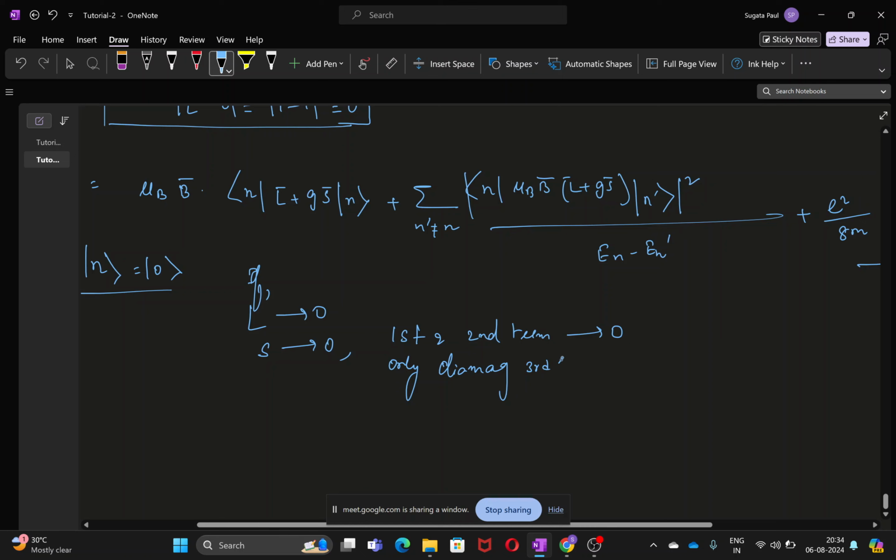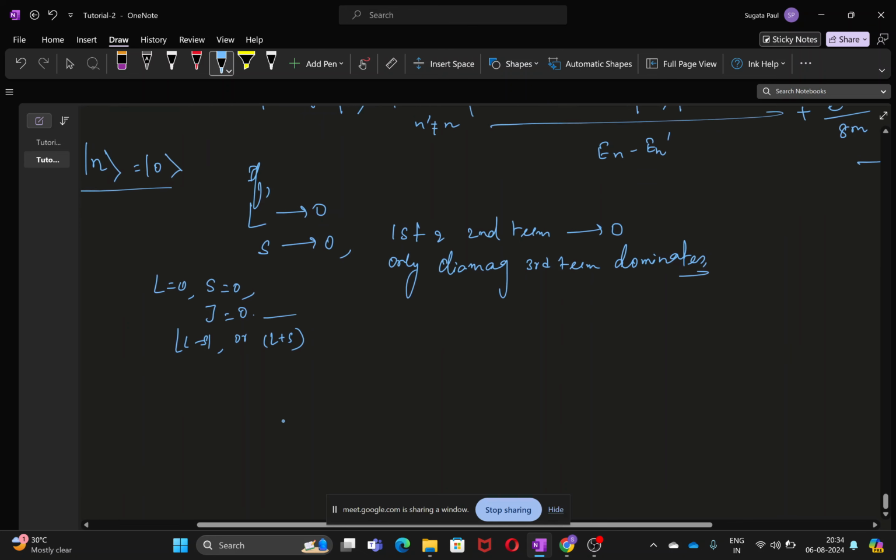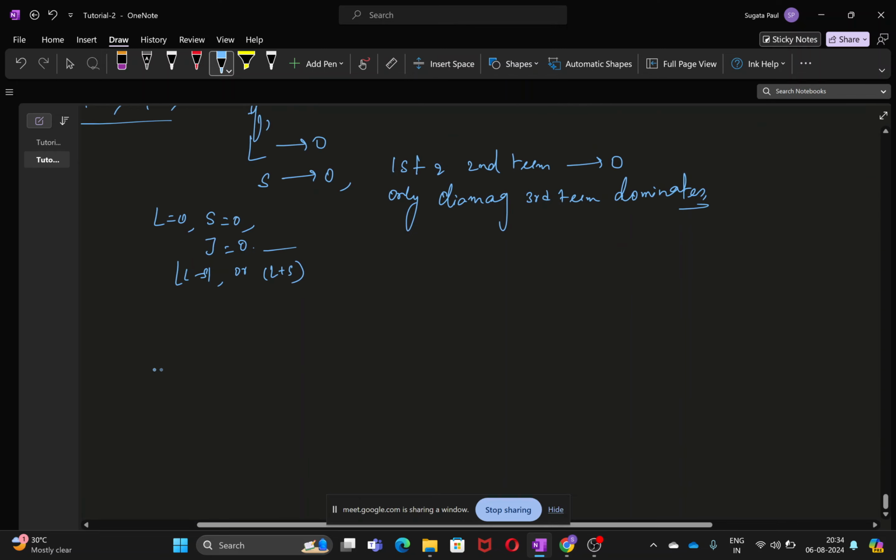Okay, the third term dominates the magnetic property or decides the magnetic property. And obviously if L equal to 0 and S equal to 0, then J is obviously 0 because J is nothing but either mod of L minus S or L plus S. So in either way J is 0. But in our problem this is not the case which is given.